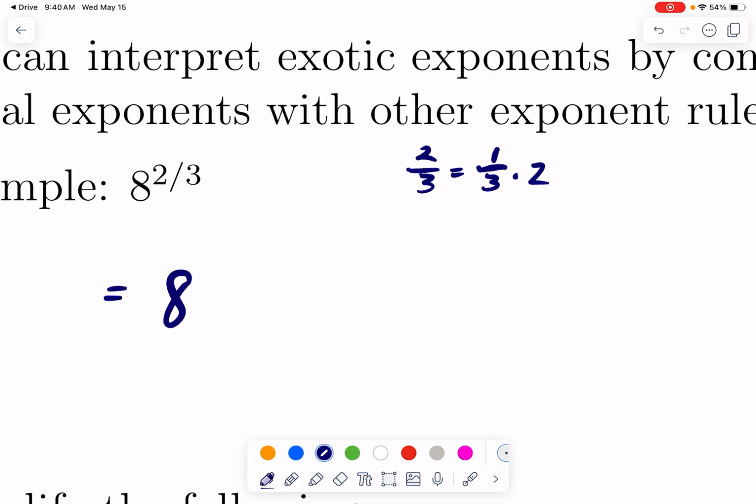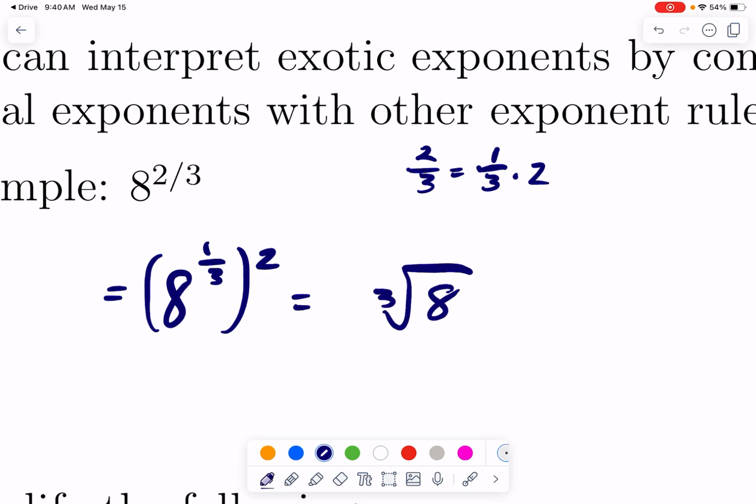So I could write it like this, 8 to the 1/3 to the second power. That's the same as 8 to the 2/3. But I know the 1/3 power means cube root. So this is the cube root of 8 raised to the second power. I know the cube root of 8 is 2. So my answer here is 2 squared, which is 4.